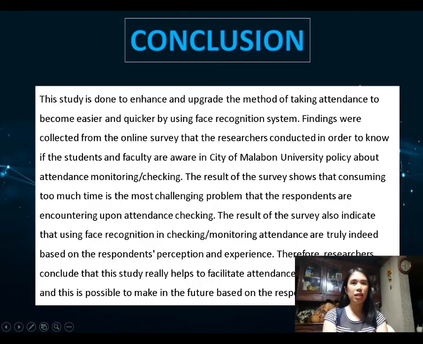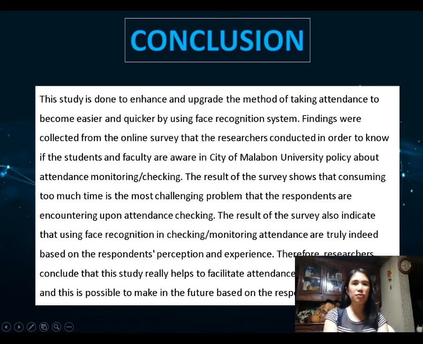Conclusion. This study is done to enhance and upgrade the method of taking attendance to become easier and quicker by using a face recognition system. Findings were collected from the online survey that the researchers conducted to know if the students and faculty are aware of City of Malabon University policy about attendance monitoring or checking. The result of the survey shows that consuming too much time is the most challenging problem that respondents encounter in attendance checking.